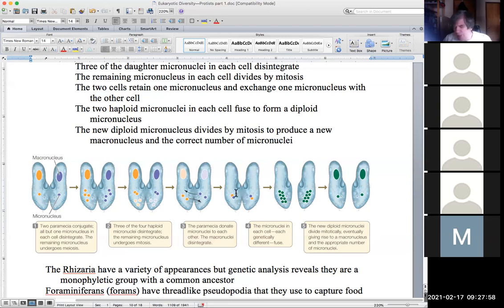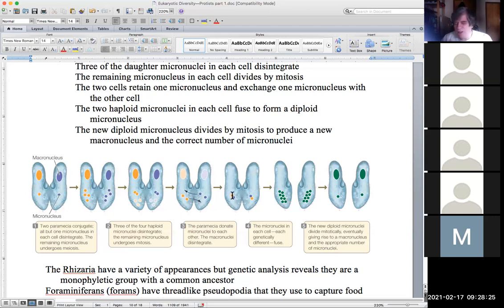So we end up with a paramecium cell that has one orange micronucleus, one purple micronucleus. Same thing over here, notice. Both of these micronuclei are haploid. So those micronuclei fuse. So now we have a diploid micronucleus, which remember was what we started out with way back over here.